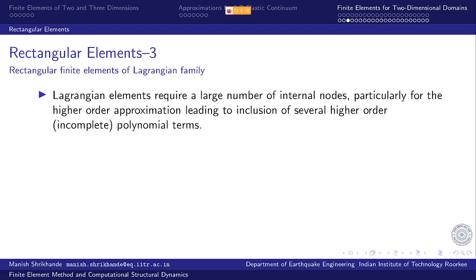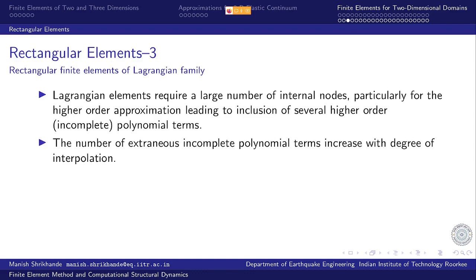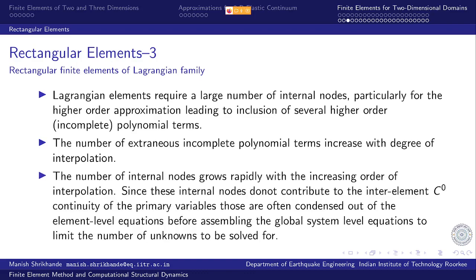It is not always a good approach to use very high degree polynomial interpolation to approximate. There can be unpleasant surprises lurking in the variation between the nodes. So the number of extraneous incomplete polynomial terms increases with the degree of interpolation, and that is a matter of concern. And with this, the second family of interpolation models, the serendipity family, was developed.